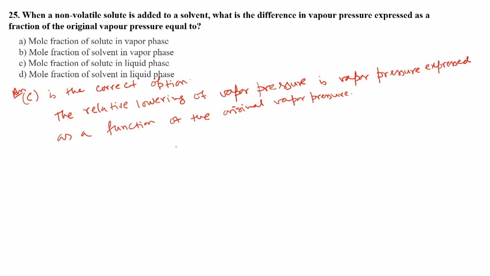So, using Raoult's law, we can write PA is PA naught times XA. So PA by PA naught gives the mole fraction XA, right.